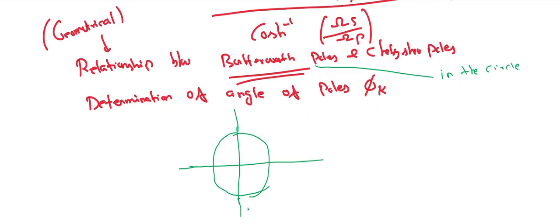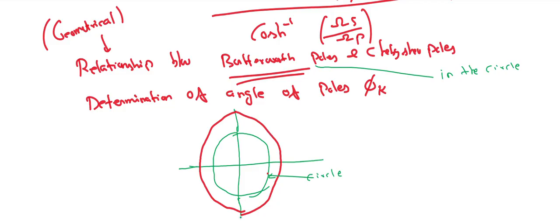The Chebyshev poles are located in an ellipse. So this is a circle, and this is an ellipse.